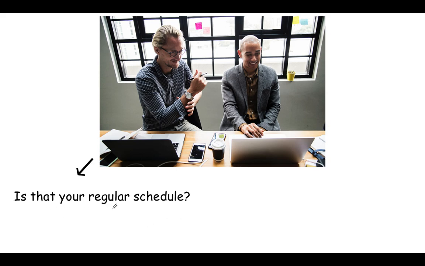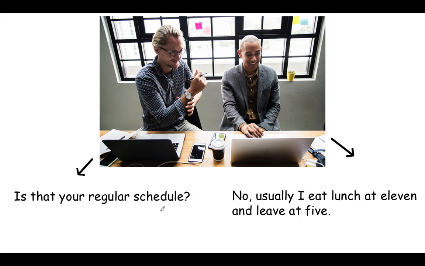Is that your regular schedule? So he's asking the question, is that what you normally do? And he says no. Usually, which is normal, like all the time, usually just means something that happens all the time. Usually I eat, uses simple present tense, I eat lunch at 11, and I leave at 5.